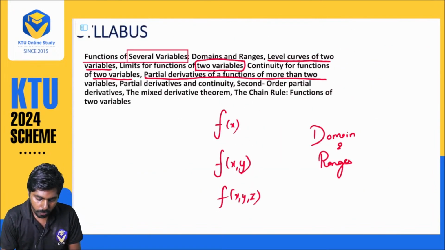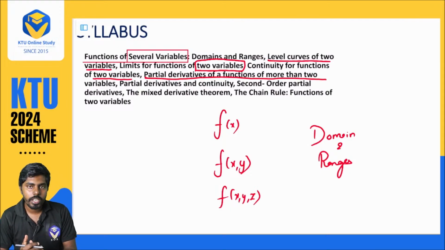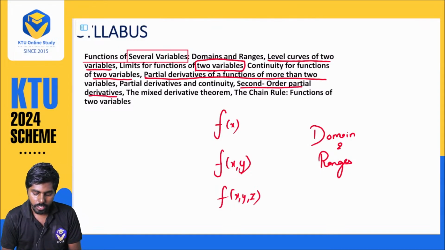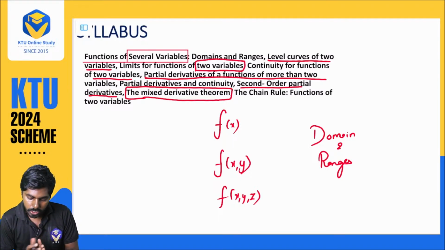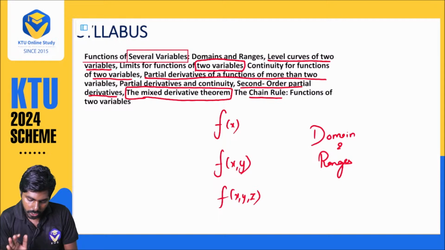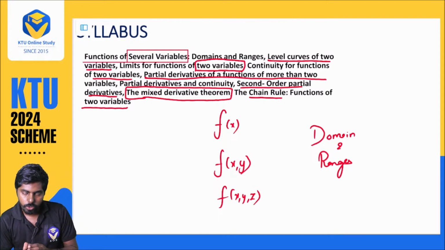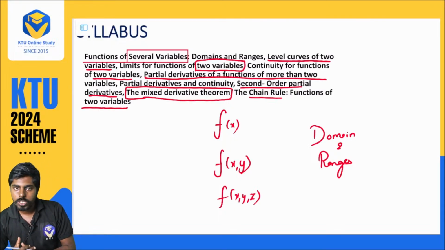Very, very important topic. If you learn the partial derivative, then in partial derivatives you will also be learning about first order and second order. Then the mixed derivative theorem is also connected with partial derivatives only. Here also we are learning the same chain rule, but with respect to two variables. So as I told you, when you are learning the first module, it is entirely connected to the second module.